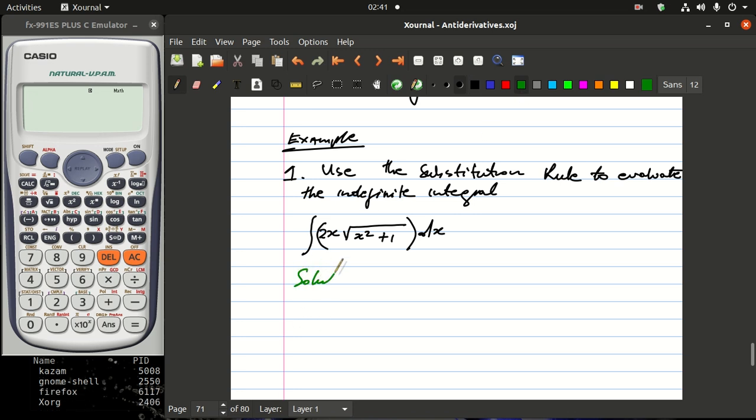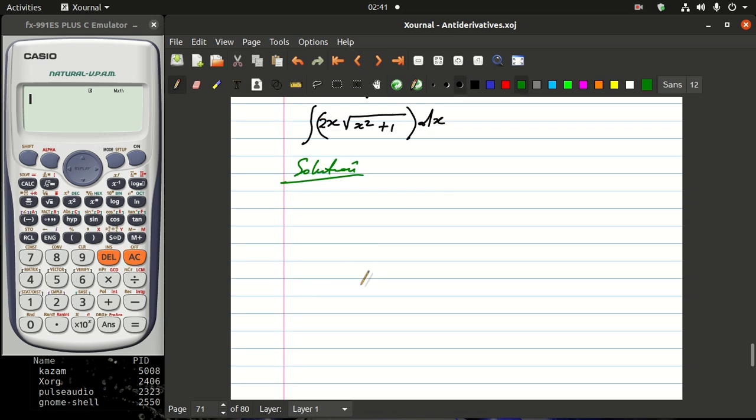So I have my solution here, and what I wanted to do was find the indefinite integral of 2x times x squared plus 1 dx. Right. Now, you have this square root, which means we have 1 over 2.